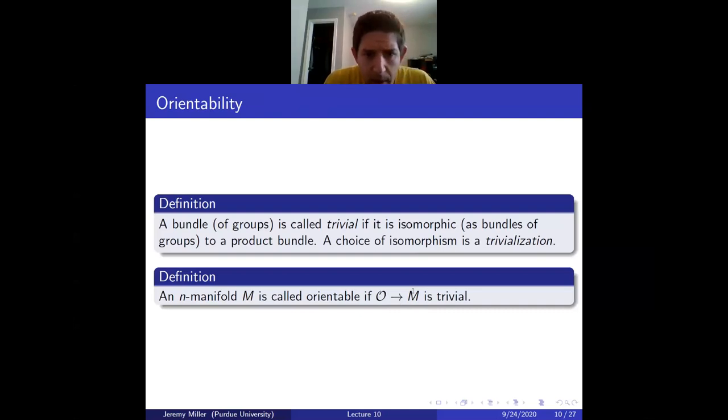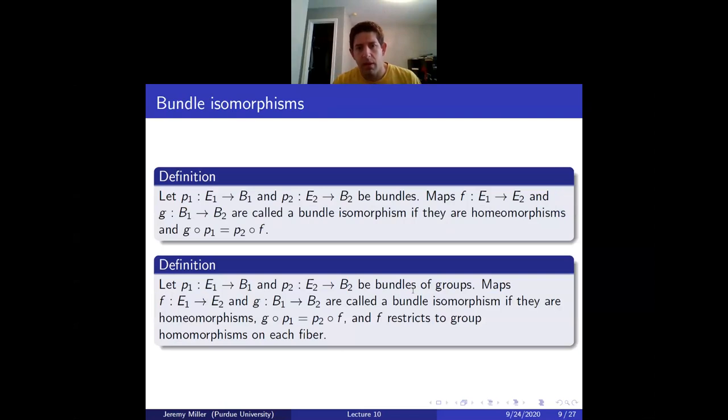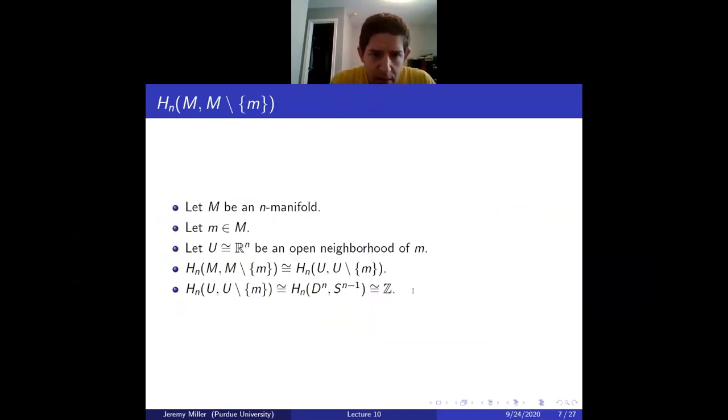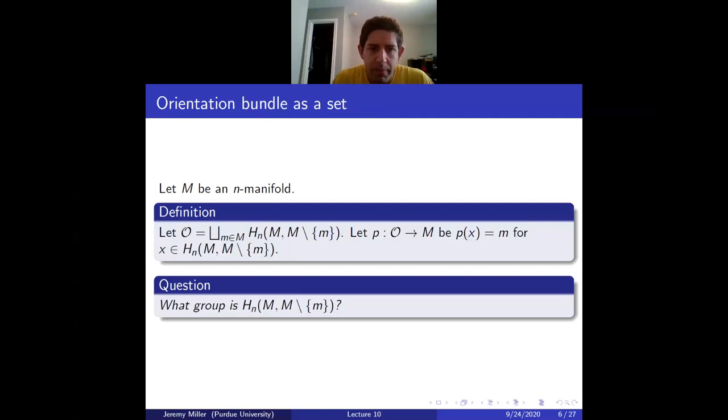So what's the definition? Here's the definition of an orientation bundle. Being trivial means basically we can pick a continuously varying way of identifying each of these groups with Z. So each of these groups is isomorphic to Z, but we want to be able to pick such an isomorphism in a way that varies continuously.